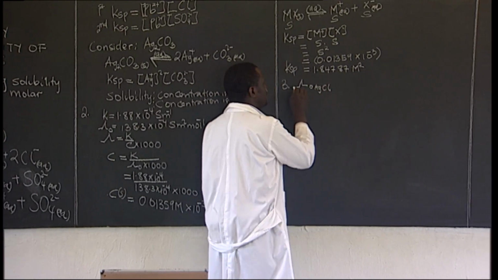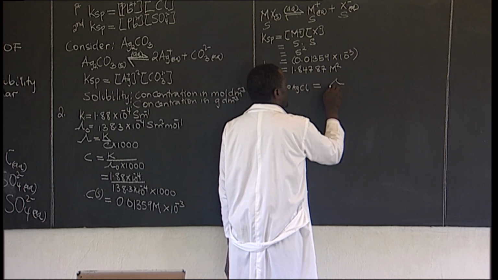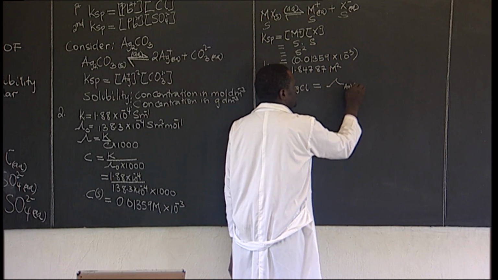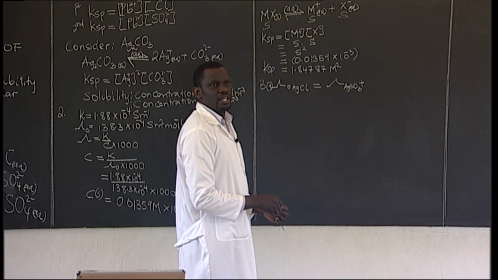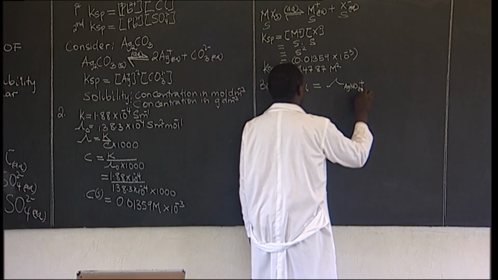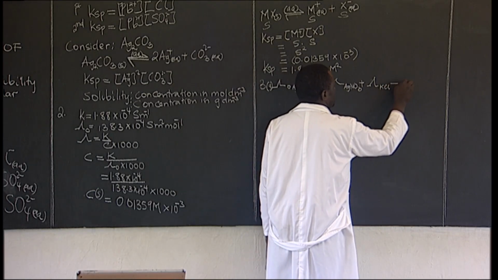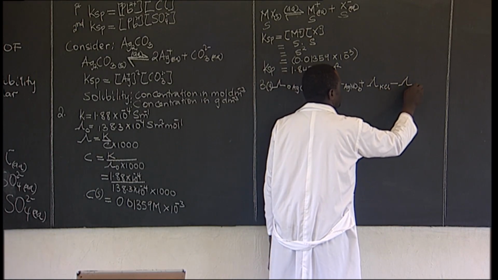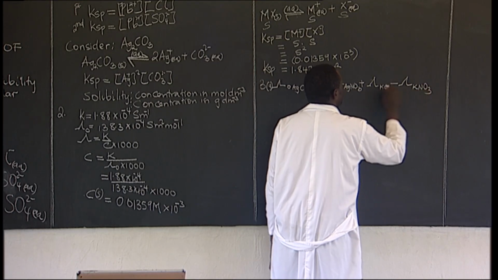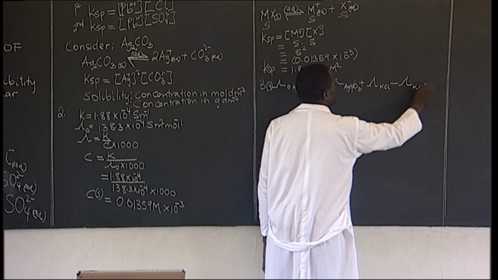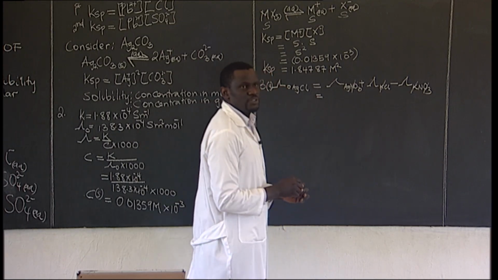So question 3A will equal, we look at our compounds, we have silver nitrate, which will give us silver. Then we have also the molar conductivity of KCl minus the molar conductivity of potassium nitrate. So we are going to cancel that one with that one, then we shall remain with silver chloride.